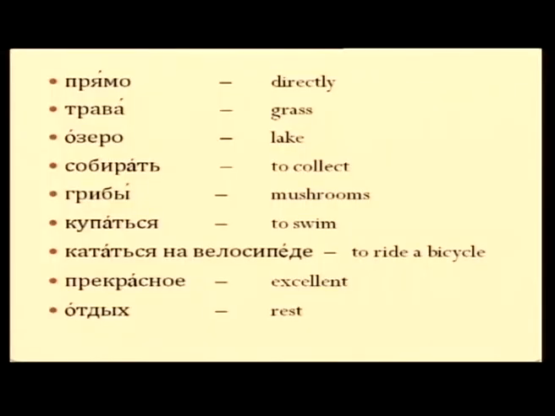Let us go to the last word used in this text, отдых, which means rest, as in горы, они очень хорошие для отдыха. The hills are very good for taking rest. These kinds of expressions and sentences you can also use in your own dialogues and texts, and when talking to your friends and family members, you can use these expressions independently.